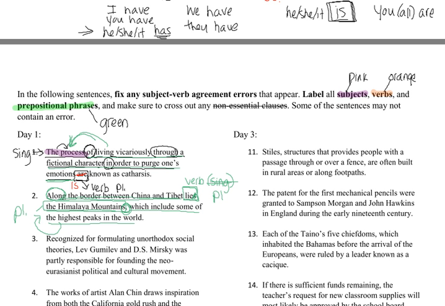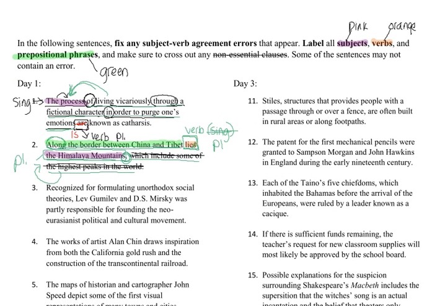And I'm doing very badly at actually color coding this properly, so I'm going to go ahead and highlight the subject in pink, the verb in orange, the prepositional phrase in green, and I am going to cross out the non-essential clause because that's what I'm asking you to do, though preferably in such a way that you can still read it in case there is an error in it, though there won't be while we're doing subject-verb agreement. Let's do one last one together.